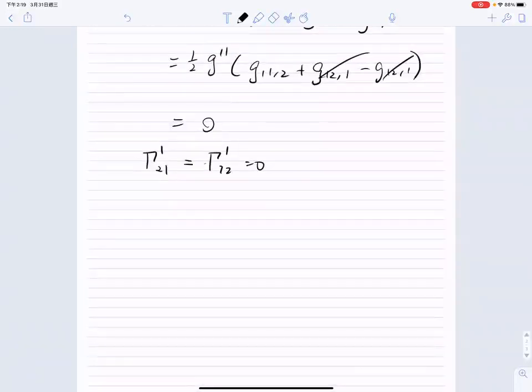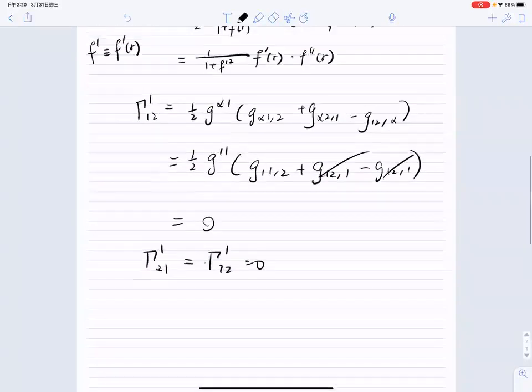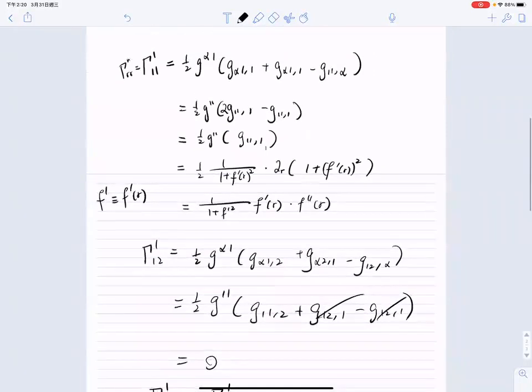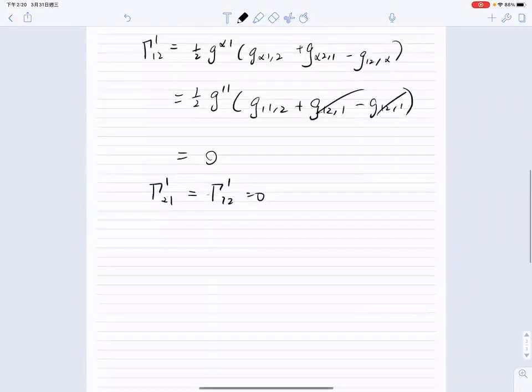Now we have 6 total components of the Christoffel symbol. We have calculated 3 of them. Let's calculate the next one, Gamma 2 1 1, which is phi rho rho, in case you get lost.